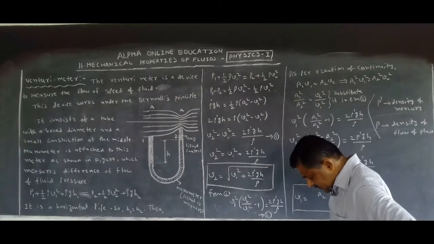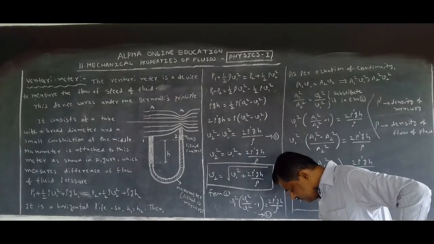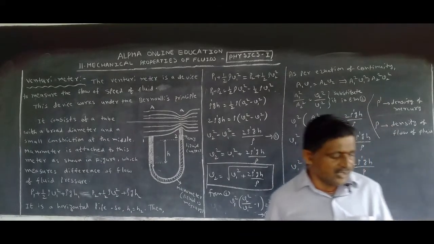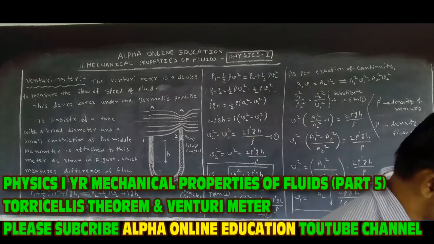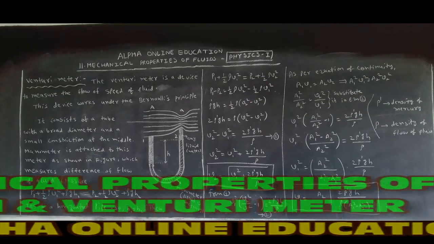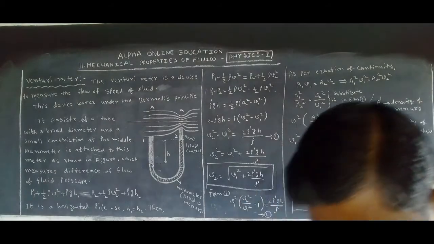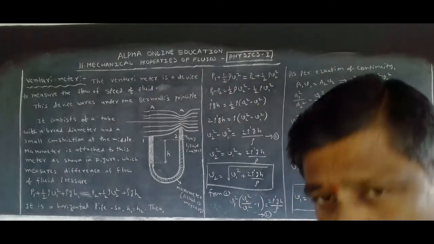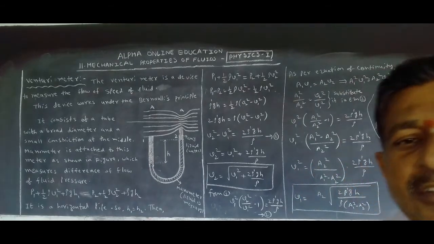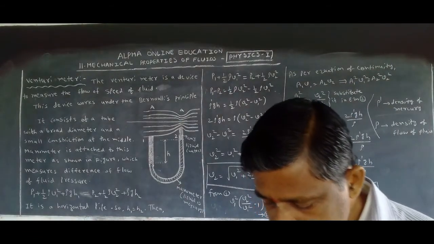This is the way to calculate the velocity of the fluid. The Venturi meter is used especially in perfumes, meaning scent perfumes, and otherwise in automobiles as a carburetor. This is the use of the Venturi meter.